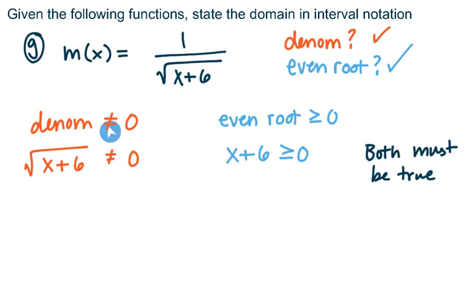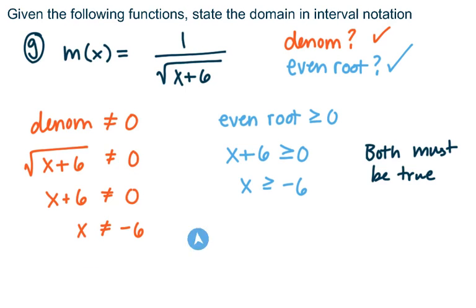All right, so solving over here on the left, let's square both sides of this equation. X plus 6 cannot equal 0 squared, which is still 0. Minus the 6, x cannot equal negative 6. And then for my other equation, I would just subtract 6. That's x is greater than or equal to negative 6.